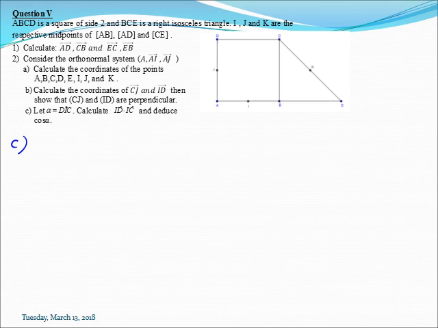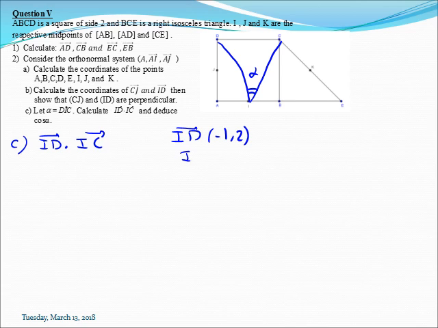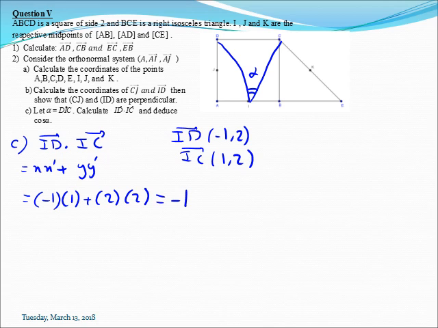C. Let alpha be the angle between ID and IC. Calculate ID dot IC. First find the coordinates of ID: ID is (minus 1, 2). IC is (xc minus xi, yc minus yi), which is (1, 2). ID dot IC equals x x prime plus y y prime, equal minus 1 times 1 plus 2 times 2, equal minus 1 plus 4 equal 3.